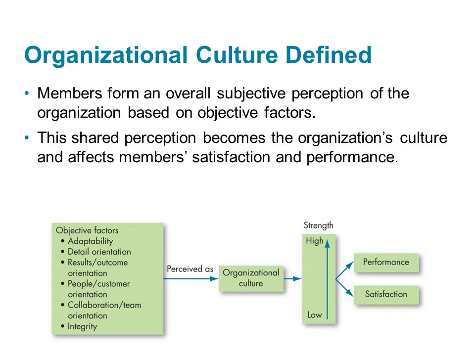People in the organization and outside the organization perceive these objective factors as part of the culture. Depending on the level of agreement among the people in the organization, the culture is either strong or weak. Strong cultures tend to have a stronger effect on performance and satisfaction than weak cultures.